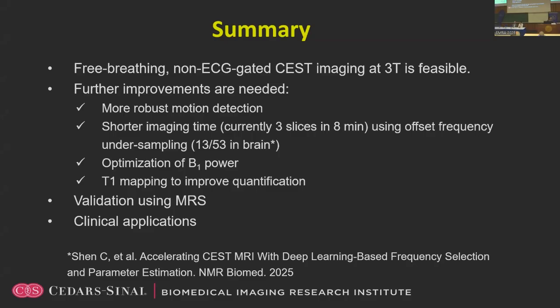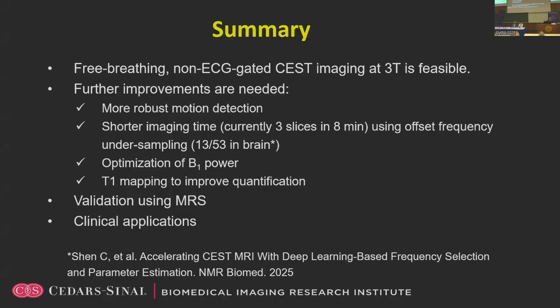In particular, motion detection is a challenge with CEST imaging because the saturation pulse saturates a lot of the blood and water signal at certain frequencies, which makes the motion detection training data very low SNR and a little bit challenging to detect motion from. The other is that the scan time is still pretty long, about 8 minutes for 3 slices.